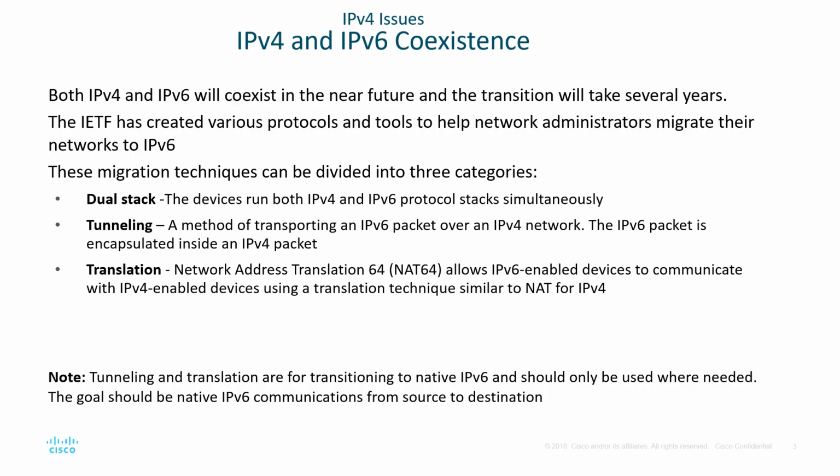These were just temporary steps to take before you could migrate completely into IPv6. So tunneling and translation are for transitioning to native IPv6 and should only be used where needed. The goal should be native IPv6 communications from source to destination.